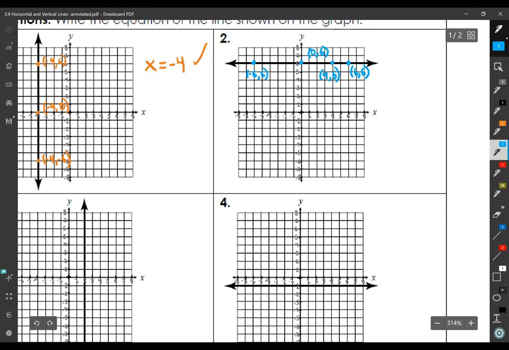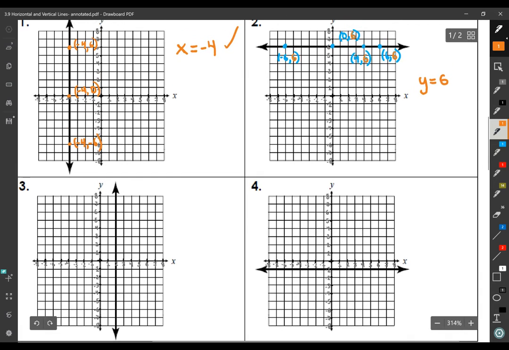So if you notice, this time it's our y value that's staying constant. So the equation that would go with this line is y is equal to 6, because any point on that line will have a y coordinate of 6.